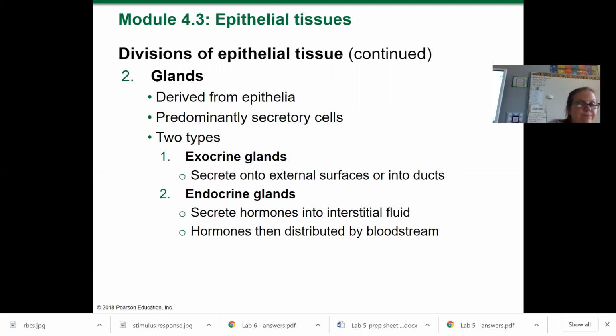The exocrine are the ones that secrete into surfaces or ducts, okay? Your sweat glands, for example, are exocrine glands. They secrete the sweat into a duct. And then there's endocrine glands, which secrete hormones into interstitial fluid. So for example, your thymus and thyroid are going to secrete hormones directly inside your body, no ducts.